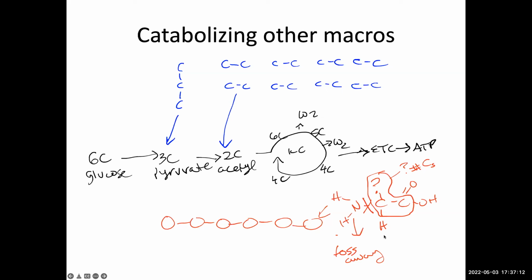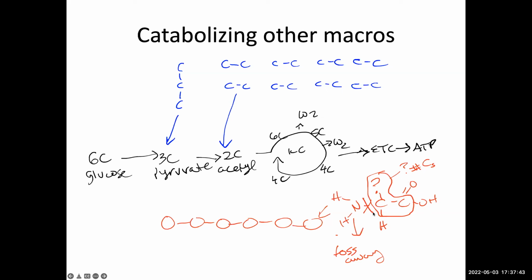And what are the monomers in protein? That's right, Sarah. Amino acids. So remember, we've got a long chain of amino acids, and each individual amino acid kind of has this structure: a central carbon attached to a carboxylic acid group attached to an amino group.